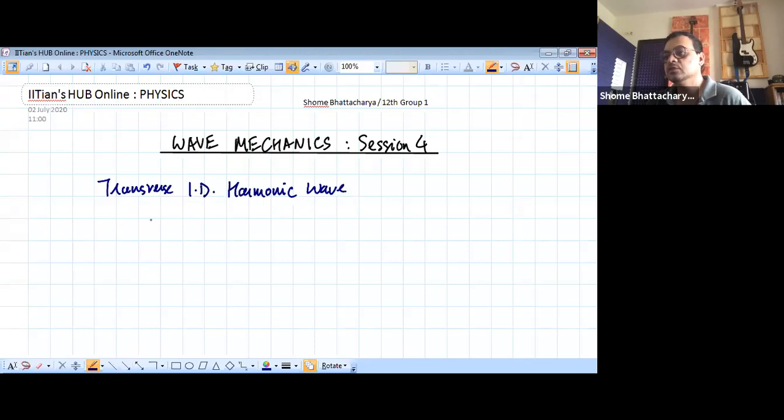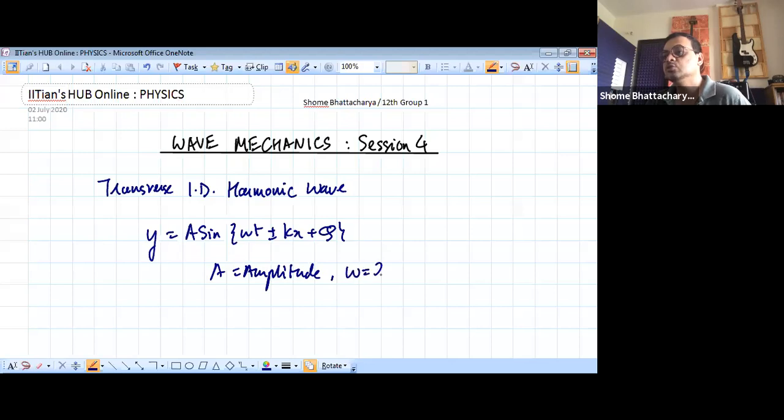We saw the general equation is A sin(ωt ± kx + φ), where as usual A is the amplitude, so maximum displacement from mean position, ω is 2πf, the angular frequency, k is 2π/λ, or what we call the angular wave number, and the wave speed is ω/k or fλ.